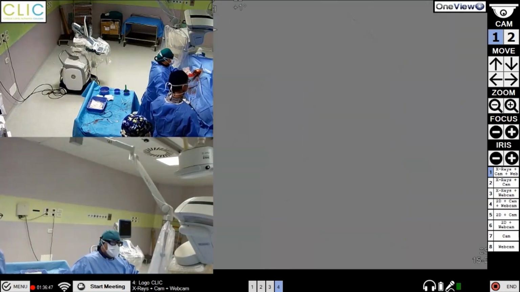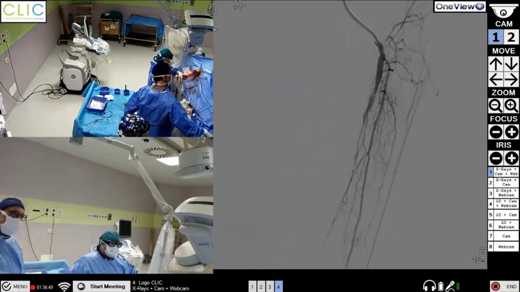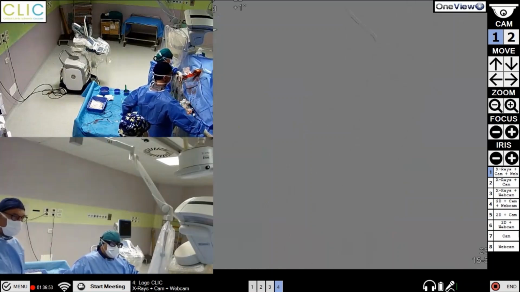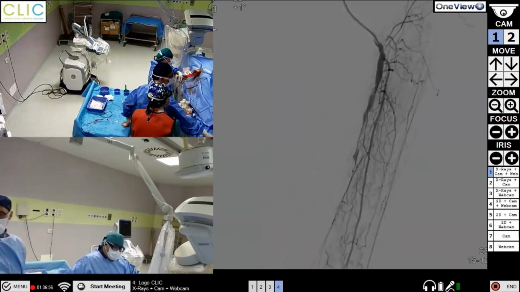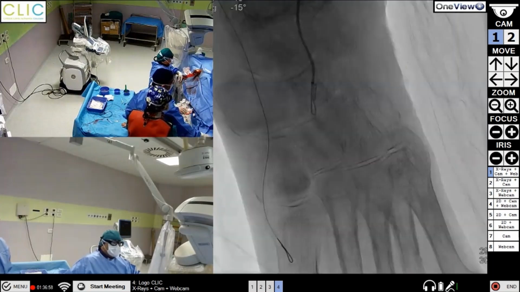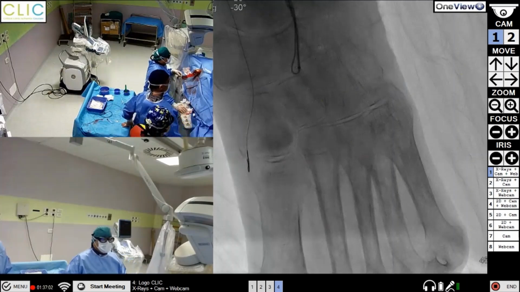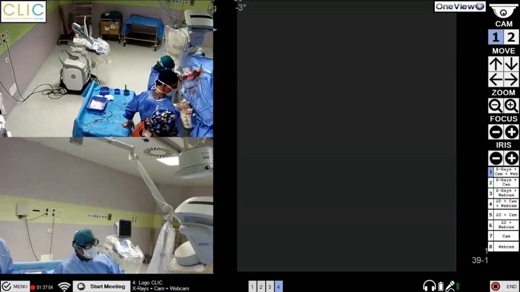Nick, the anterior, with a Bernstein catheter and a Terumo half-stiff 35 wire. We performed an aggressive dissection, and I arrived into the foot. As you can see, I am in the pedal artery.